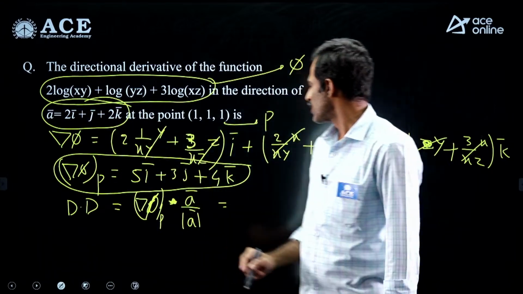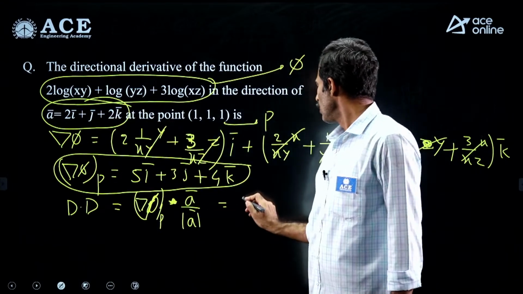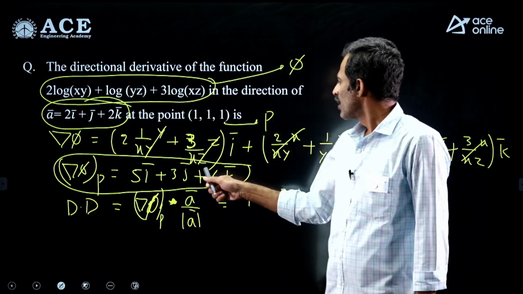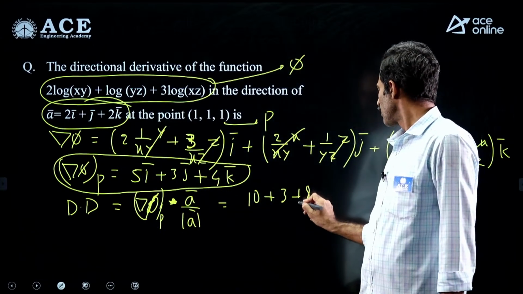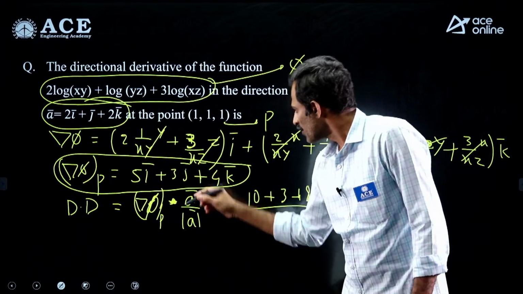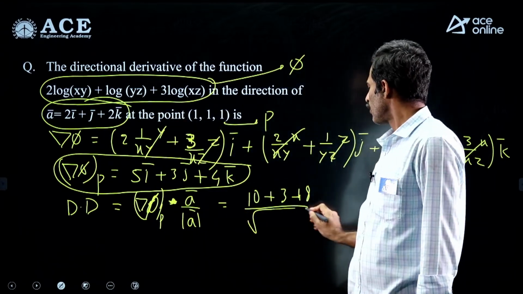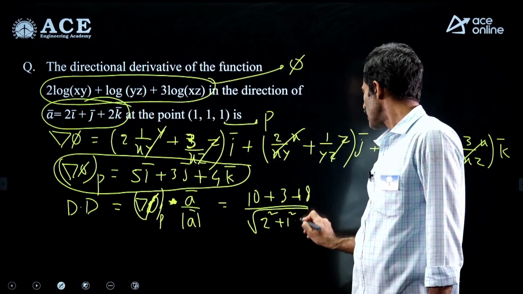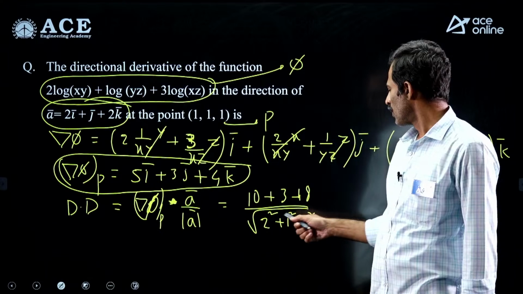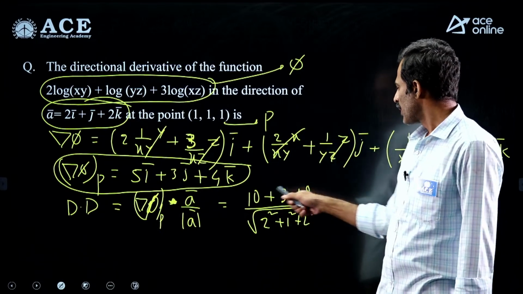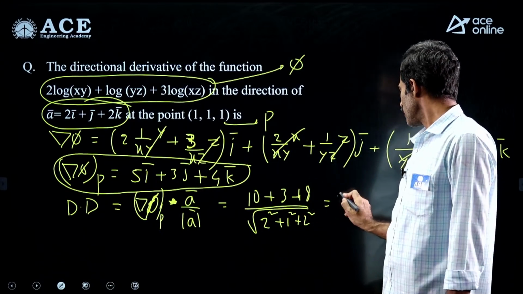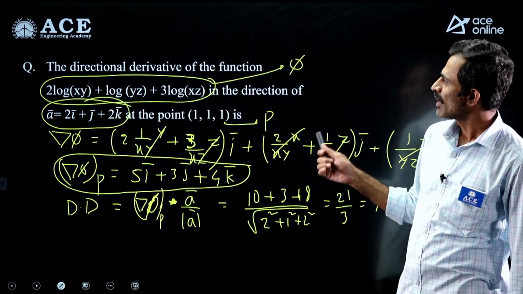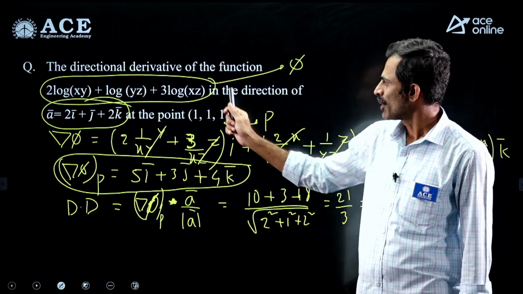The dot product of these two is 5 into 2, 10, plus 3 into 1, 3, plus 4 into 2, 8, divided by the magnitude of this vector, which is under root of 2 square plus 1 square plus 2 square: 4 plus 1 plus 4 is 9, root of 9 is 3. Here 21 divided by 3 is 7. It is the value of the directional derivative of the function at the particular point in the direction of this vector.